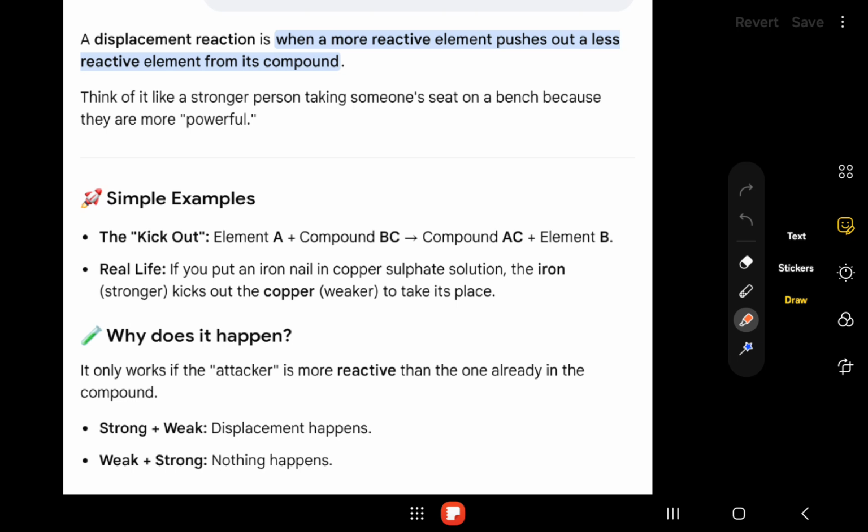What is a displacement reaction? They gave the definition. When a more reactive element pushes out a less reactive element from its compound, it is called a displacement reaction.